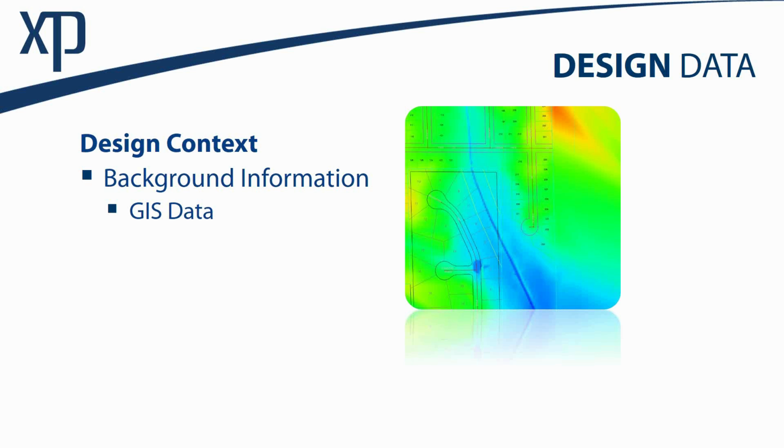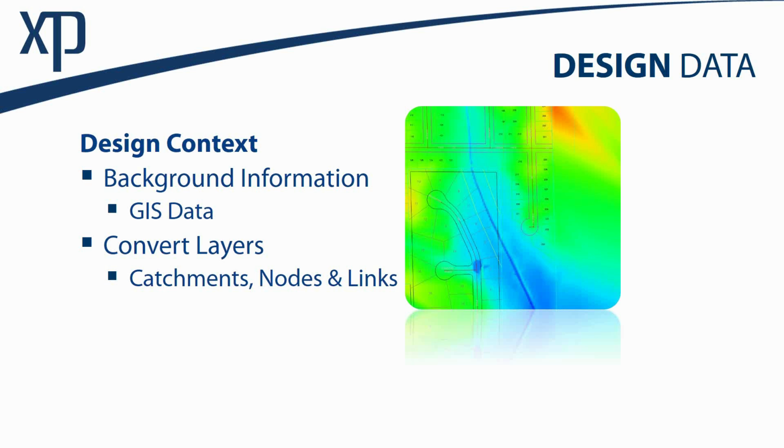Same concept applies. But we can also use that CAD information to create XP elements. We can create catchments, nodes, and links from polygon, node, or line information within the CAD drawing, which is a really cool way to preserve some of that information.